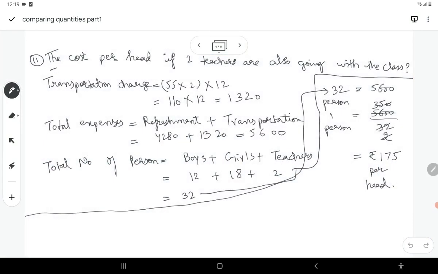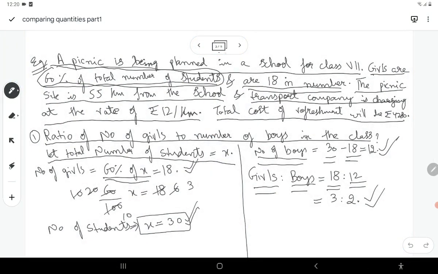The second part says the cost per head, if 2 teachers are also going with the class, is to be found. So we know the transportation charges would be, it's given as 55, the distance.